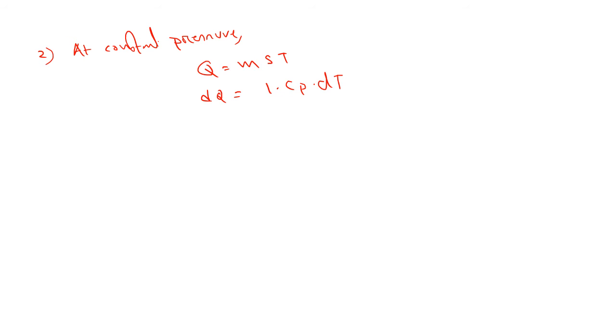Now the second one is at constant pressure. This is almost the same as our constant volume, but here the pressure is constant, so we can write at constant pressure Q equal to, using the formula for molar specific heat, dQ equal to 1 dot Cp dot dT.